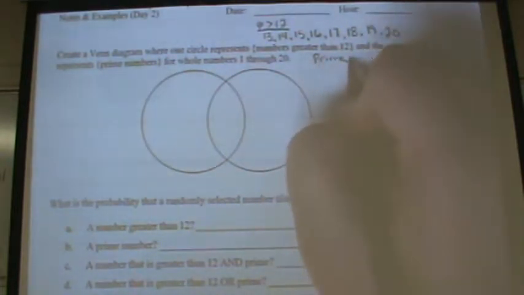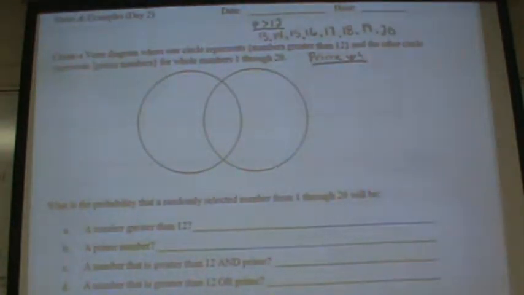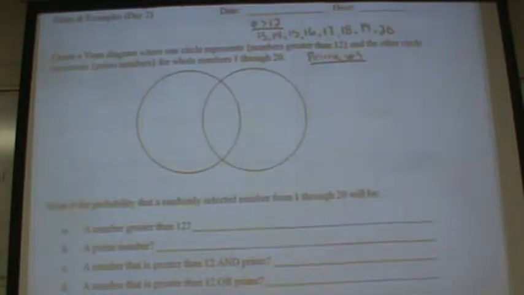And then we need a circle that represents prime numbers 1 through 20. Prime numbers are numbers that have 1 and itself as their factors. So for our purposes, 1 is not a prime number.